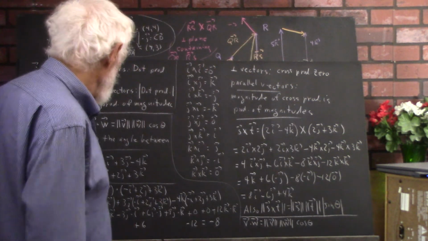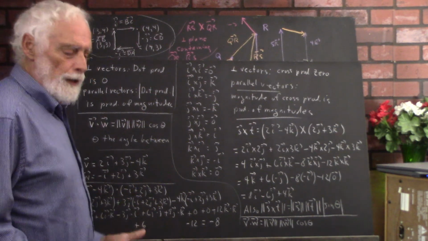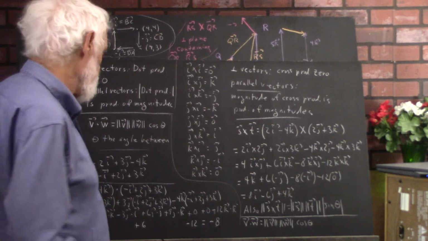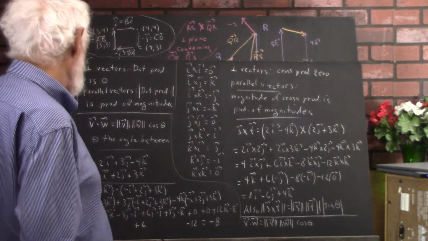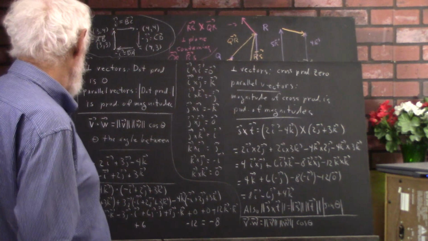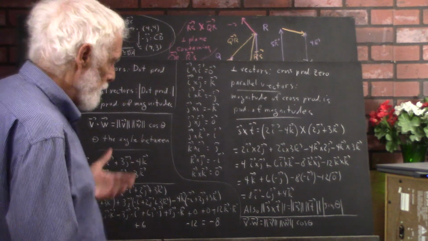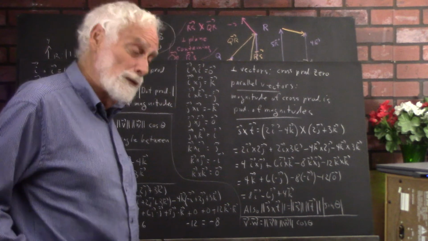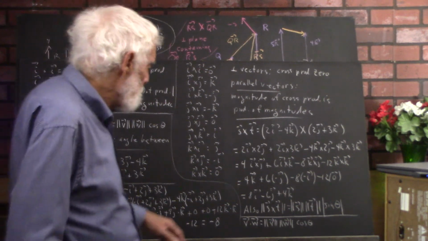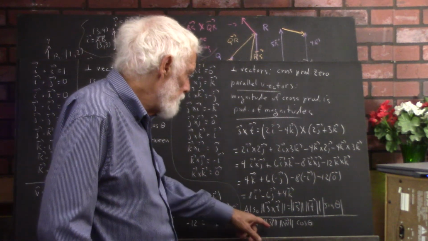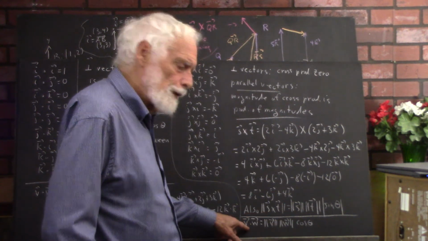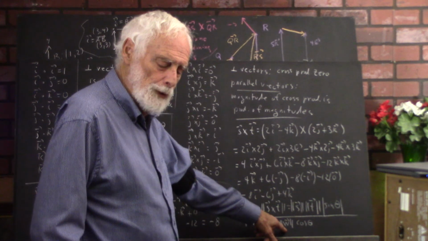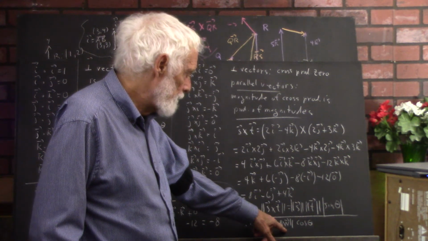Okay, 29 times 14 is 406, I think. Square root of 406 is about 20.15 maybe. So if you did the magnitude of V times the magnitude of W, you would get about 20.15.